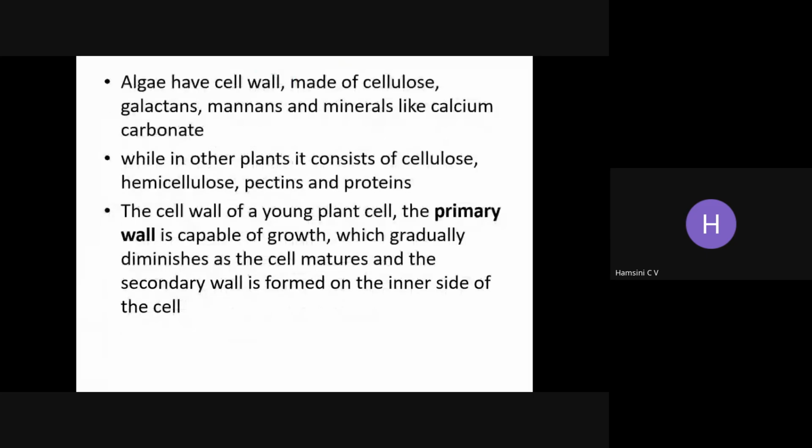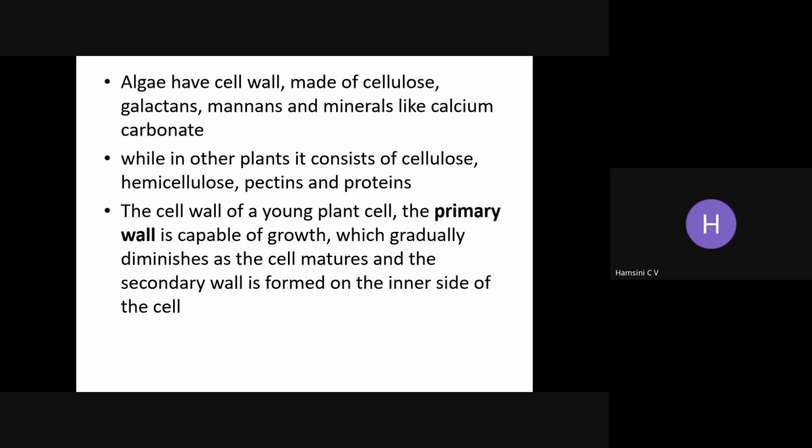Now, algae have cell wall. See the composition which is given. Algae has cell wall made up of cellulose, galactans, mannans, and minerals like calcium carbonate. So all these are the components of algal cell wall. While in other plants, it consists of cellulose, hemicellulose, pectin, protein, etc. See, cell wall has different layers.